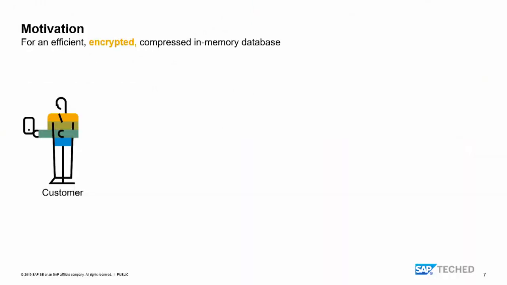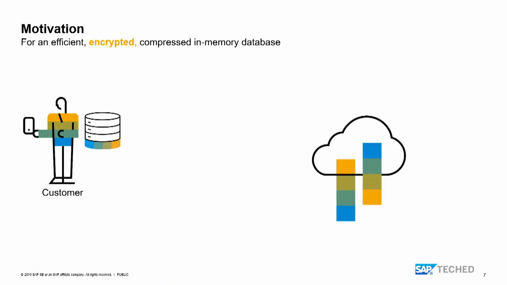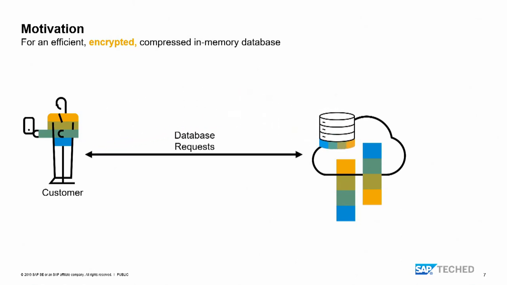Okay, to the motivation. We have here a customer, and this customer has its database on-premise. The customer, you heard of the cloud, all the benefit it brings, and now he wants to export its database to the cloud. However, the cloud doesn't only have benefits, it also has problems, and we concentrate on, let's say, security problems here.